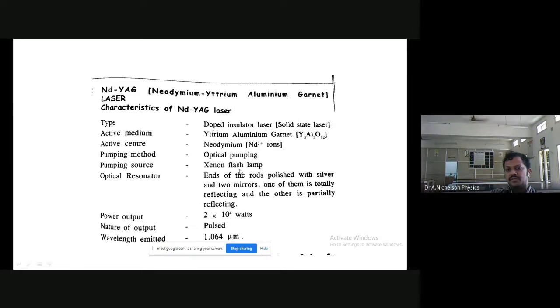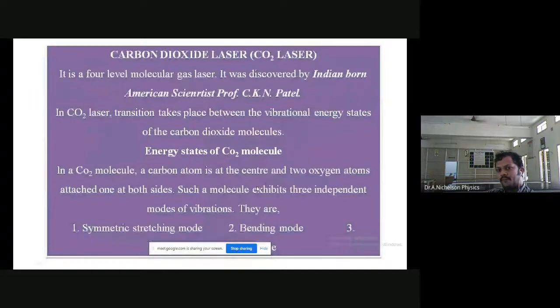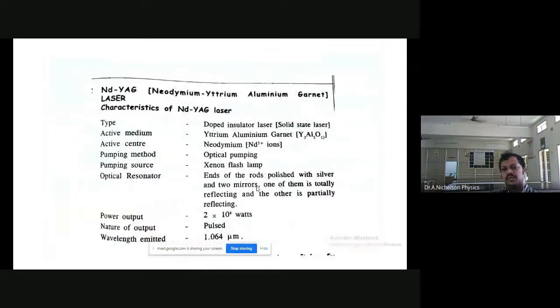The pumping source is a xenon flash lamp, and the optical resonator again has 2 mirrors. One is totally reflecting, the other is partially reflecting. Power output is 2 into 10 to the power 4 watts. The nature of the output is pulsed. Here no continuous beam is available, only pulsed. The wavelength emitted is 1.064 micrometers. So that was a recall of the ND YAG laser.